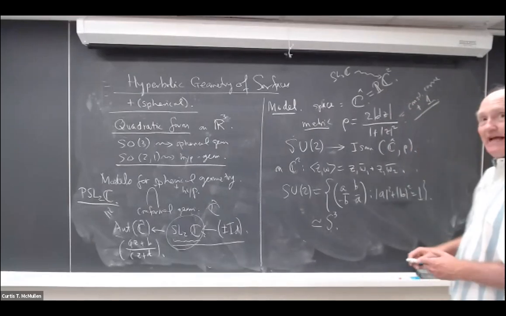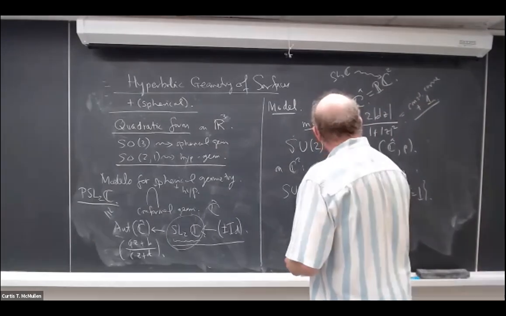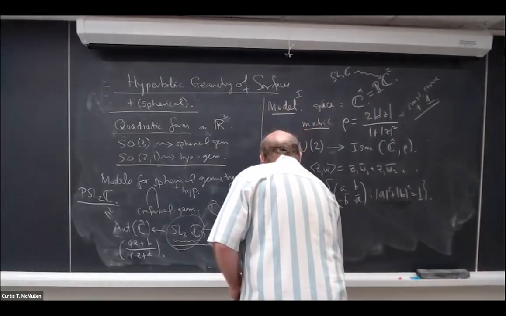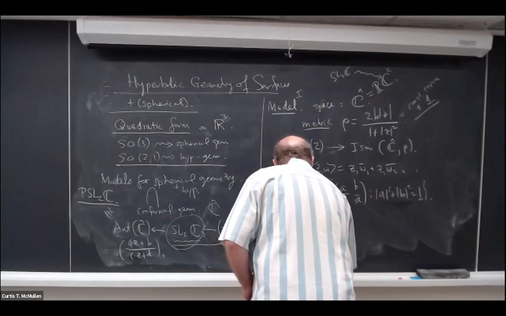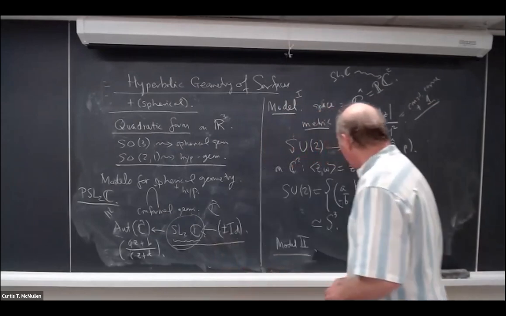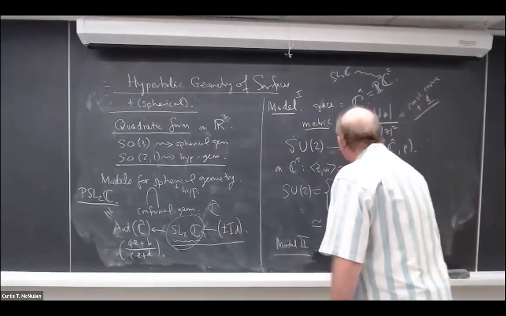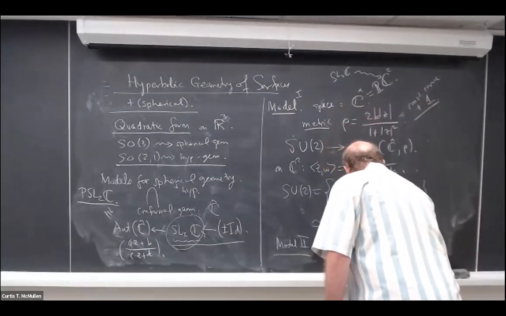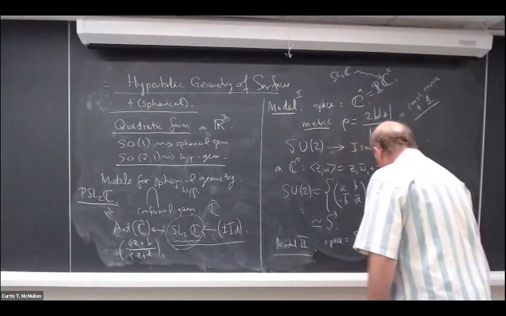And finally, I should say that, of course, this geometry, we call this model 1, can be related to the geometry model 2. And model 2 is you make your space just to be the unit sphere in R3.